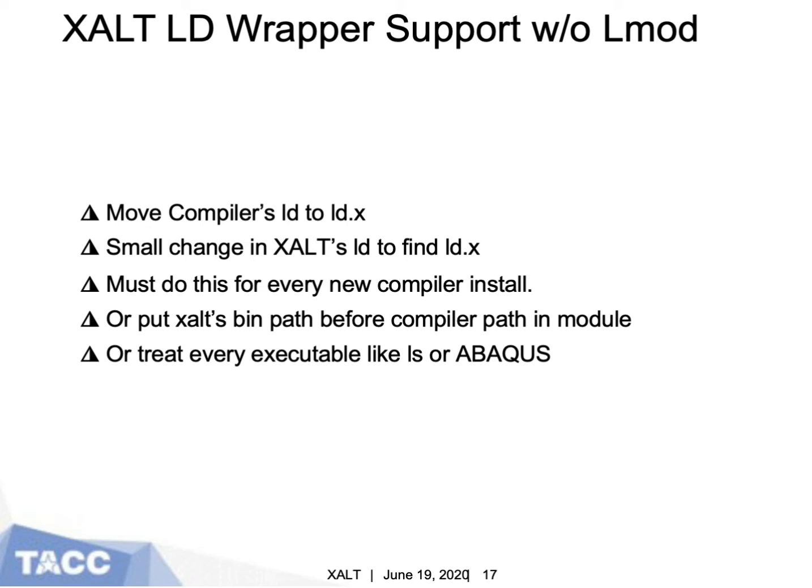This will be fine because XALT has a magic variable which won't do anything if it's not set, so this is perfectly safe. Or you can treat every executable like it's /bin/ls or a commercial code like Abaqus, and that is, you're not going to know who built it and other information about it.